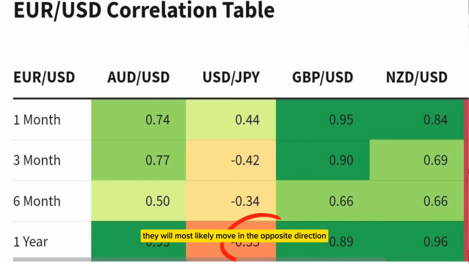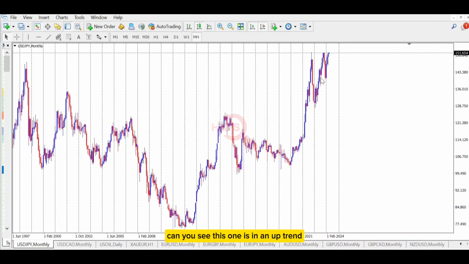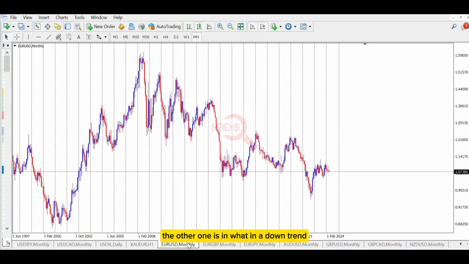They will most likely move in the opposite direction. Now, this is Euro USD. Let me click on USD JPY, still on monthly time frame. Can you see this? One is in an uptrend, the other one is in what? In a downtrend. They will most likely move in the opposite direction.